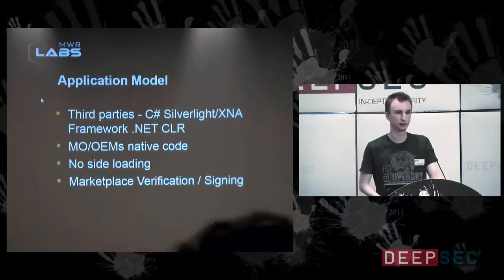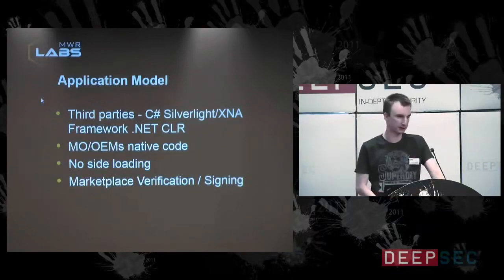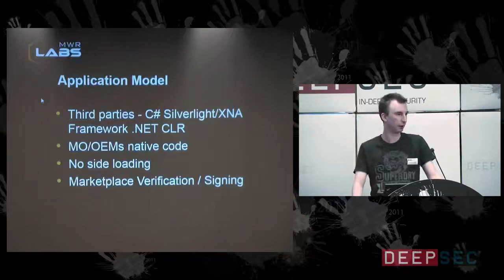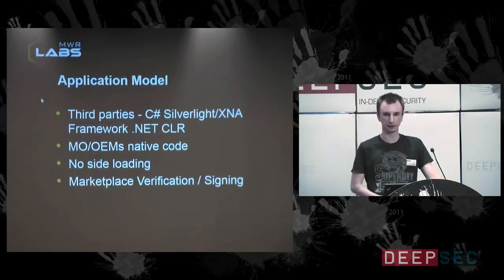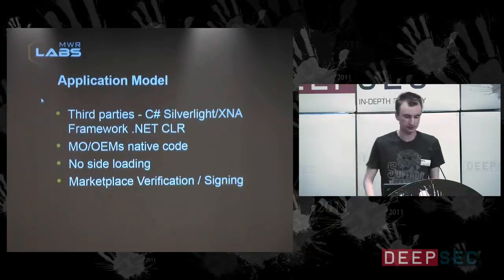So that gives you the additional security of the .NET CLR, type safety, and so on. There's no actual native code allowed for third-party developers. It's a little different for the mobile operators and the OEMs. They're actually allowed to write native code for device drivers and so on. So that gives them an elevated level of access to the platform.